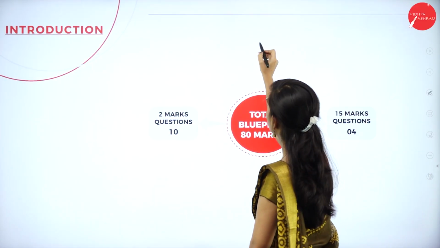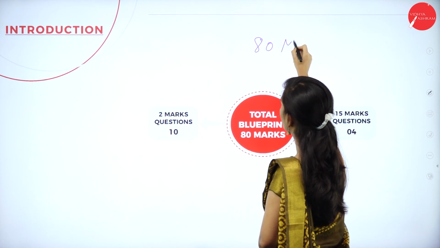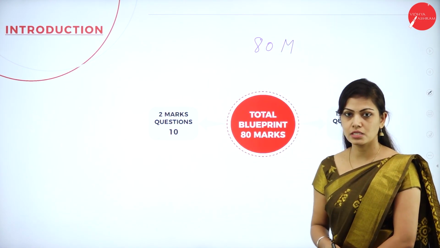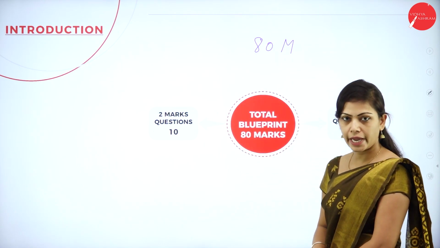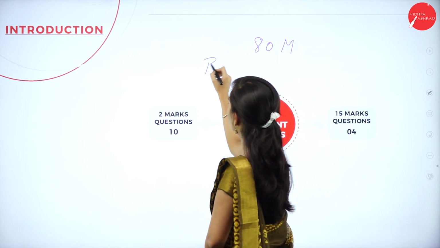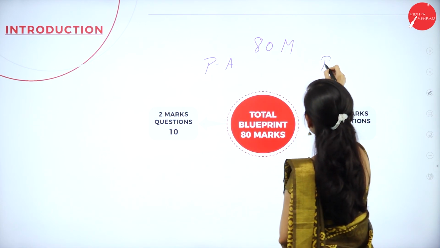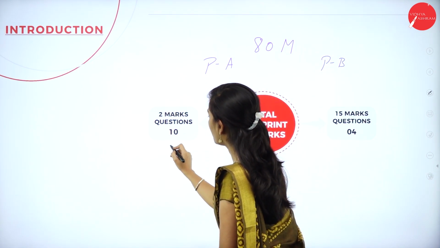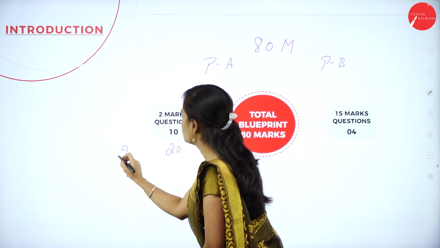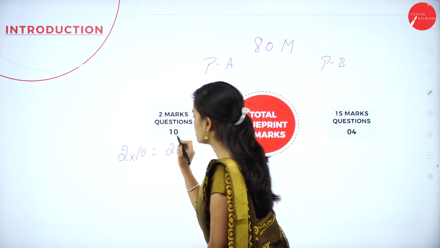Discrete transformation is an 80 marks theory paper, and 20 marks is internal. Out of 80 marks, you have part A and part B. In part A, you can score 20 marks, that is 2 marks, 10 questions.